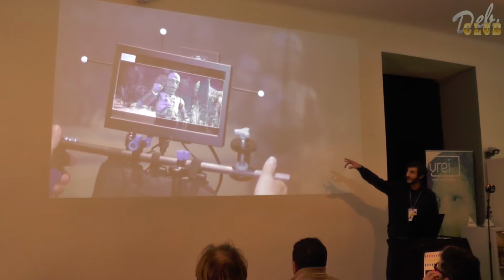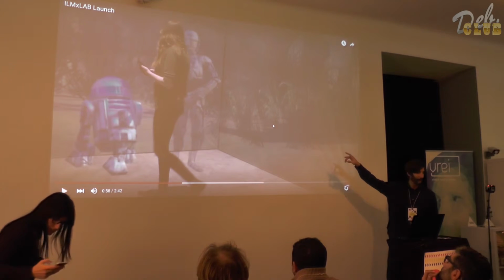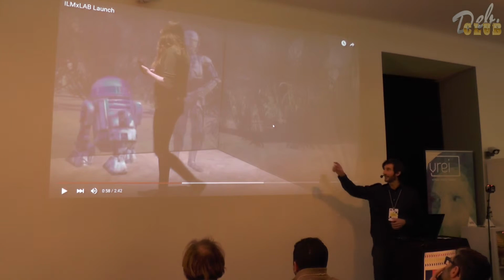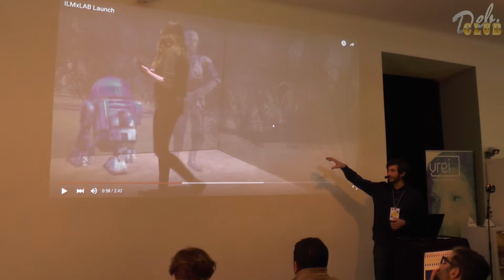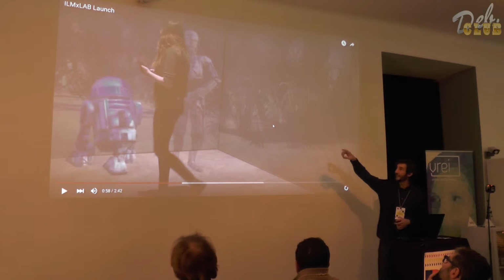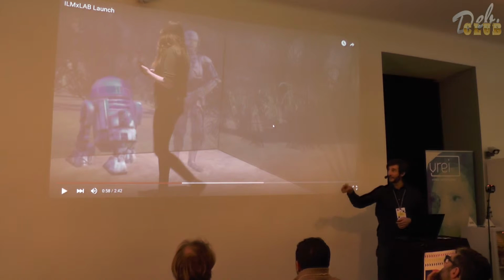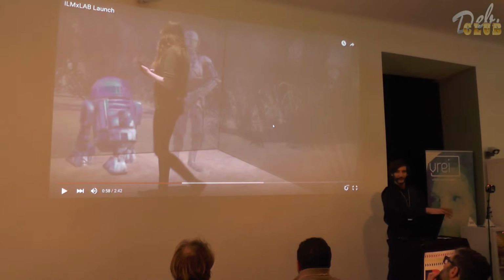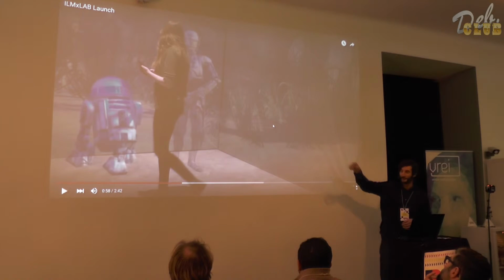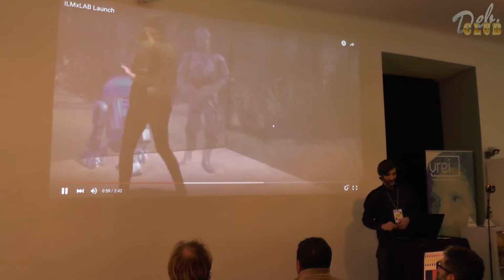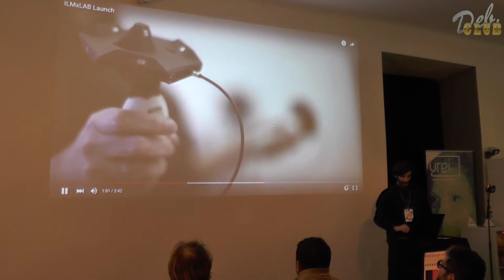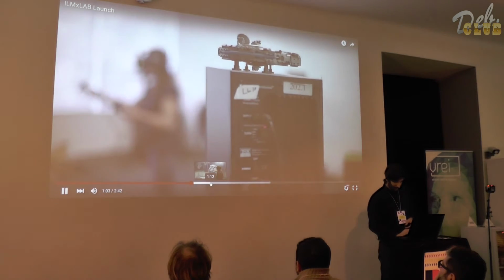Here you see, Annette was mentioning it before, the cave system, right? They're using this, and the characters that you see here in the background are actually animated in real time by a second actor who has a motion tracking suit and is reacting to what the person is doing there. So they're doing this. Let me skip forward a bit.